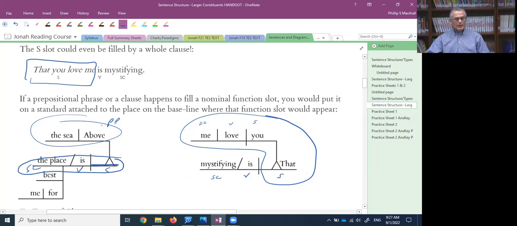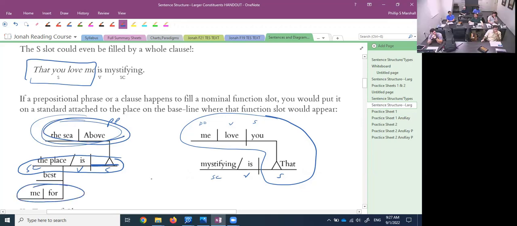Yeah, so why have I pushed the prepositional phrase up above rather than putting it below where "for me" goes? No, not that one. Just "for me" specifically, I would have thought, if I was doing it myself, I would have thought to put it under "is," rather than under "place."